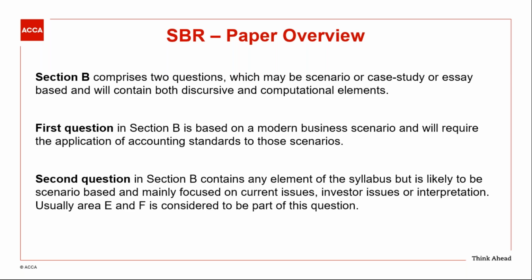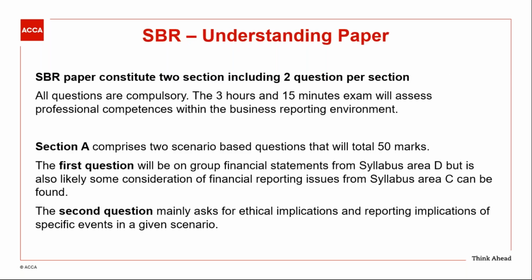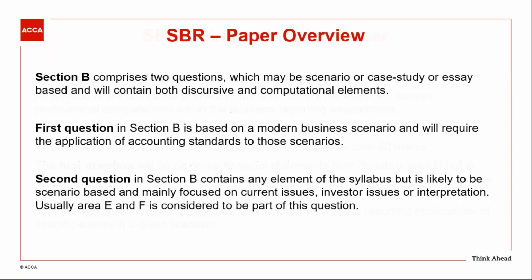The first question in section B is based on modern business scenarios that require application of accounting standards. Looking at question 2 in section A and question 1 in section B: within section A, you will be provided with certain accounting treatments where the board of directors or the relevant authority within the company is considering a wrong accounting treatment, and you will be asked how you can resolve those ethical dilemmas.